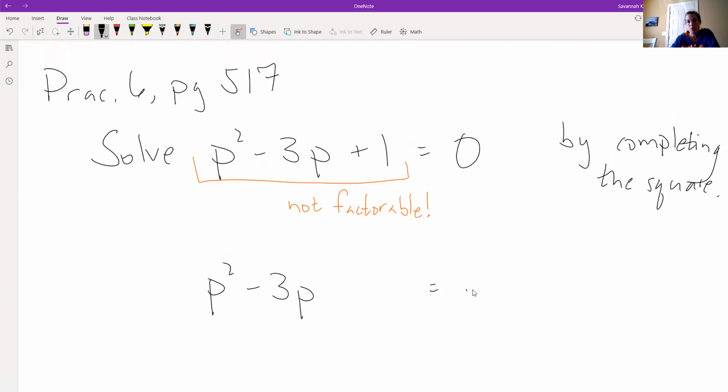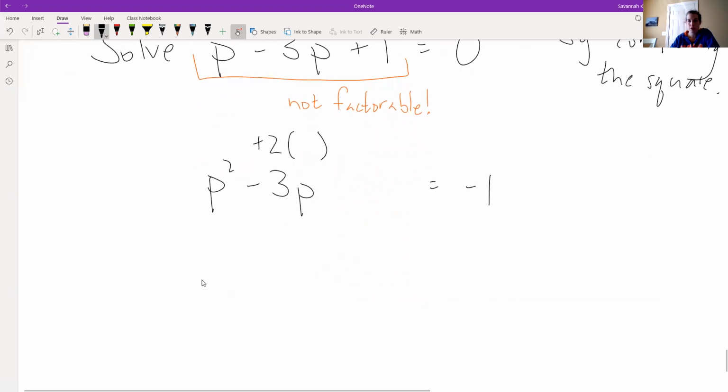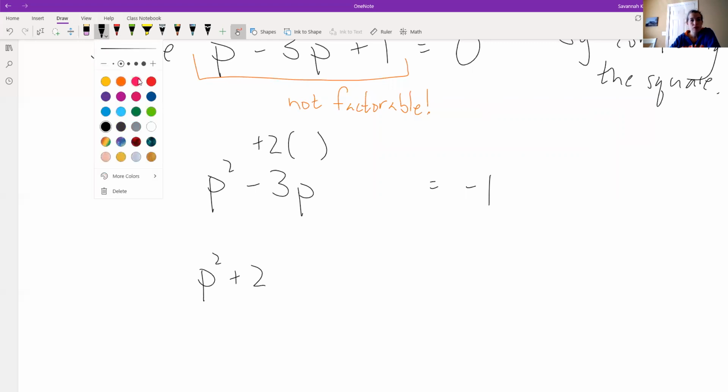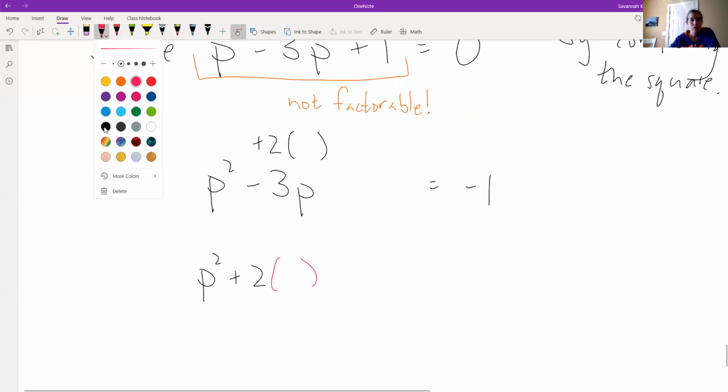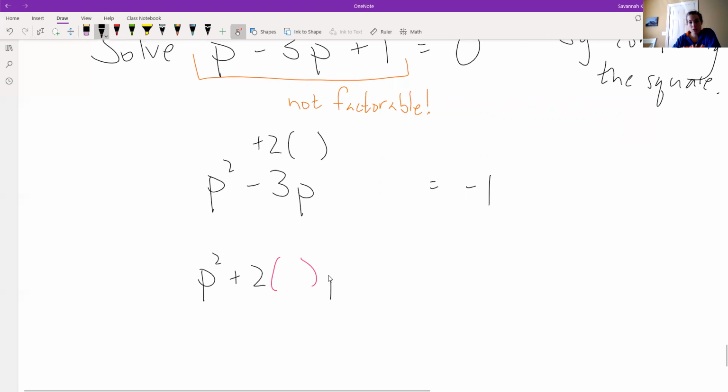Okay, so let me move the 1 over, make it negative. Now I have to be able to rewrite this middle term as plus 2, always a positive 2, times some magic number. So this is going to feel artificial and clunky. So this needs to be 2 times a magic number with a p attached.